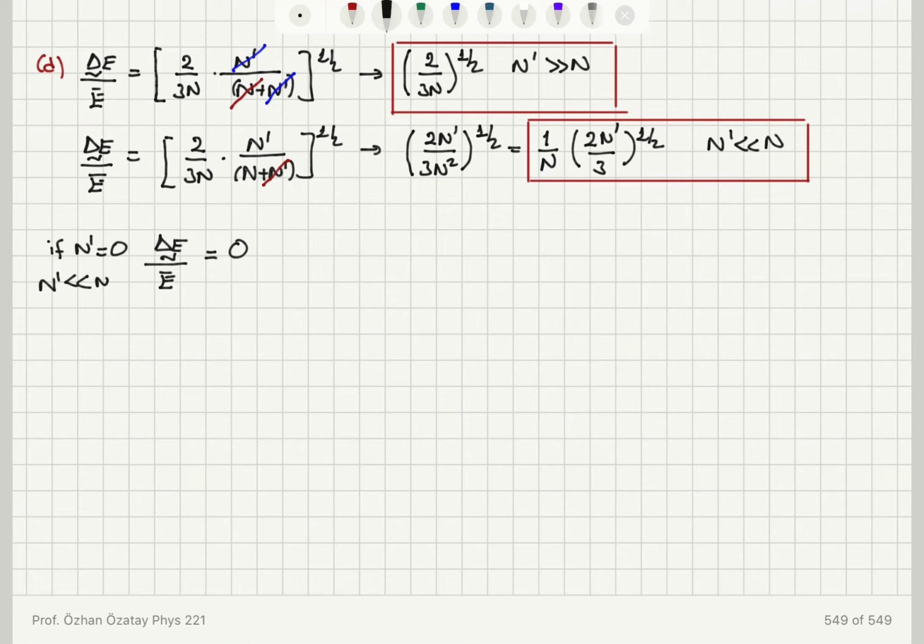So what does this mean? There is no thermal interaction for system A. There is nothing to interact with for system A. So A becomes thermally isolated.